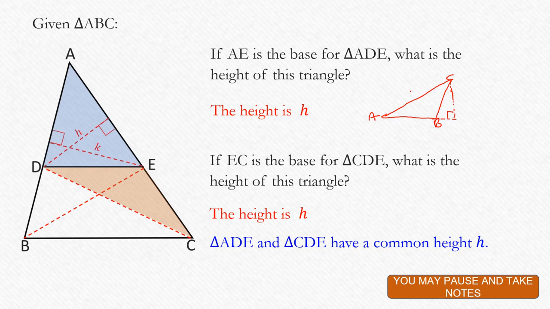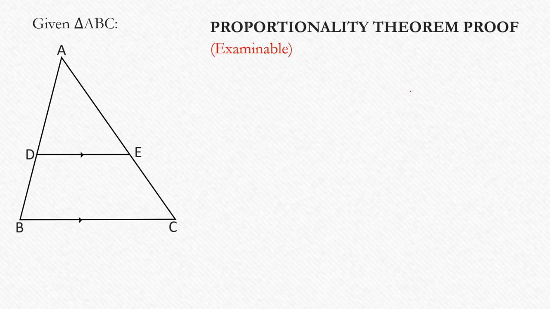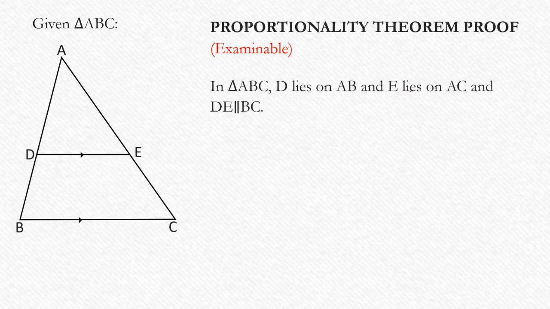Let's go to the proof. This is an examinable proof that you have to know. In triangle ABC, D lies on AB, and E lies on AC, and DE is parallel to BC.